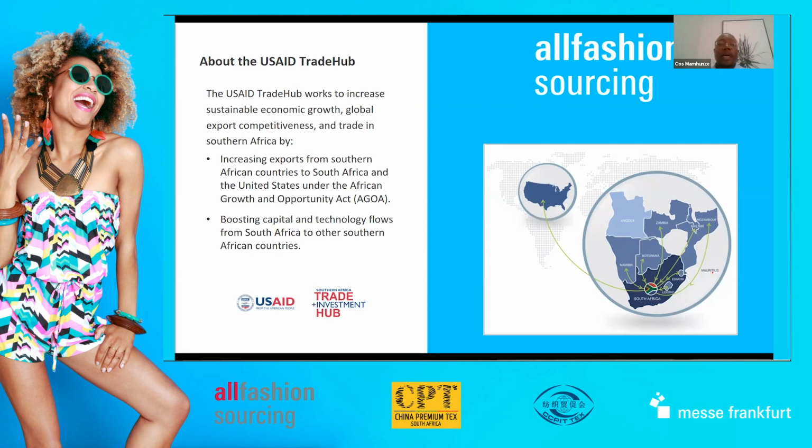The sector has great job creation capability, and a lot has been said about the jobs that have been created in such countries as Lesotho and Eswatini in the region. And the other reason is the US is one of the major apparel consumption markets in the world. The US imports textiles and apparel from more than 150 countries.